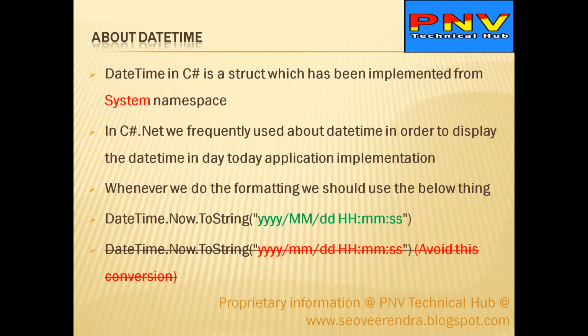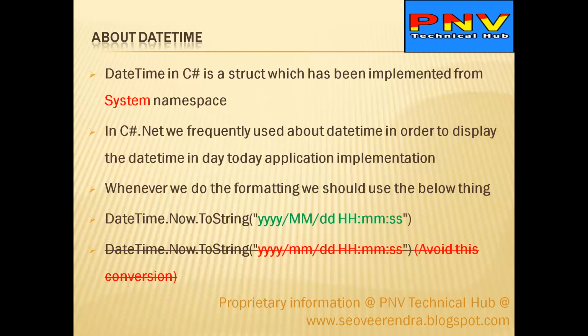Whenever you are working with datetime, you must understand one thing. Basically we use yyyy, which is nothing but the year format. Capital M is month, not minute. If in place of capital M you use small m, that would be a problem.